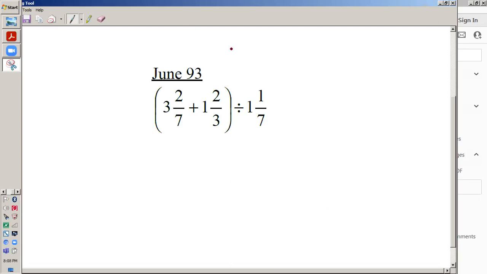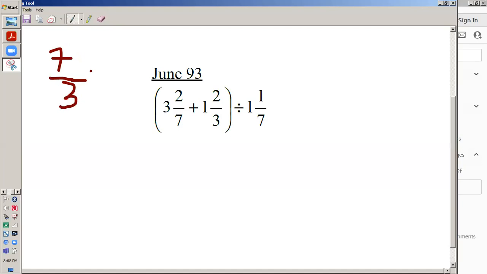All right, so to answer this question, we convert these mixed fractions to improper fractions. We should know what an improper fraction is. For example, 7/3 is an improper fraction. An improper fraction is when the numerator is bigger than the denominator.